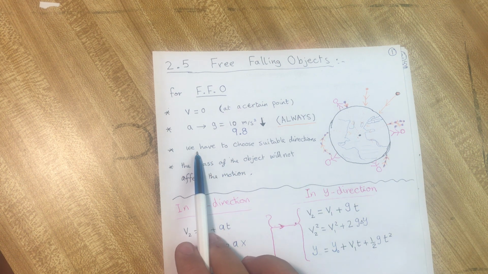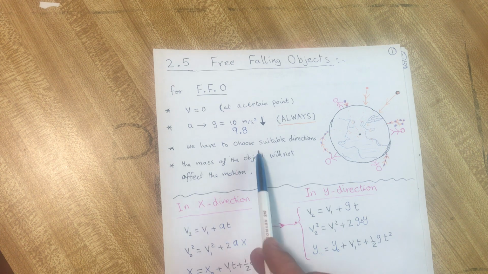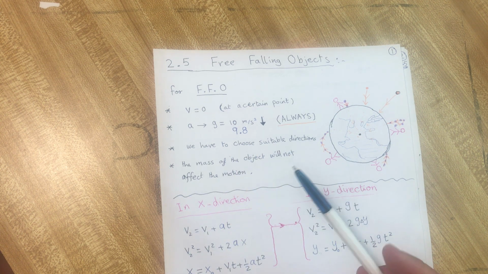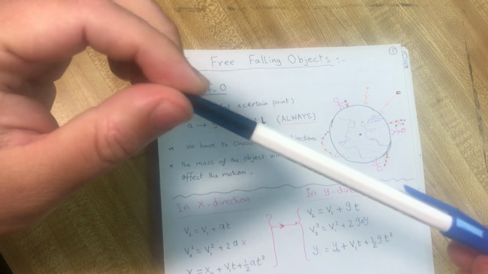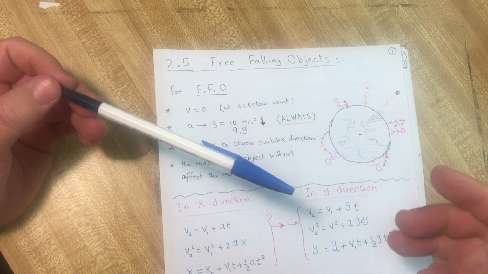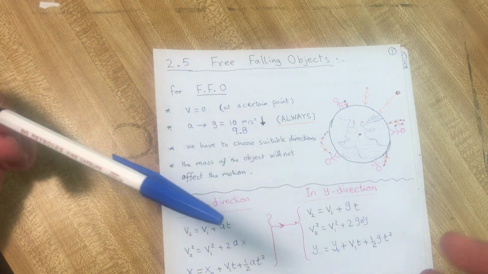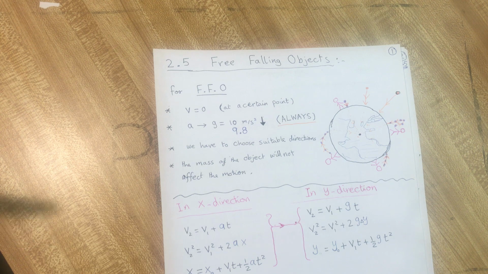We have to choose a suitable direction. That means we need to choose the downward direction as either negative or positive. That depends on the problem, on our example. We can choose the direction as we need.